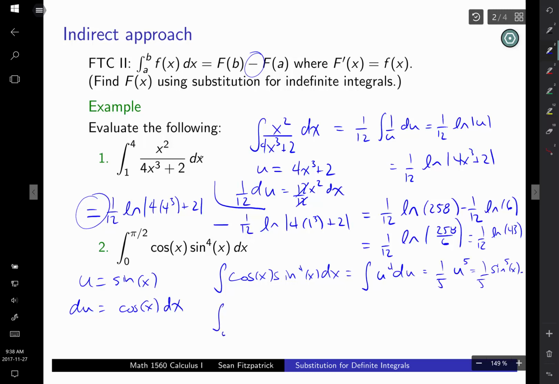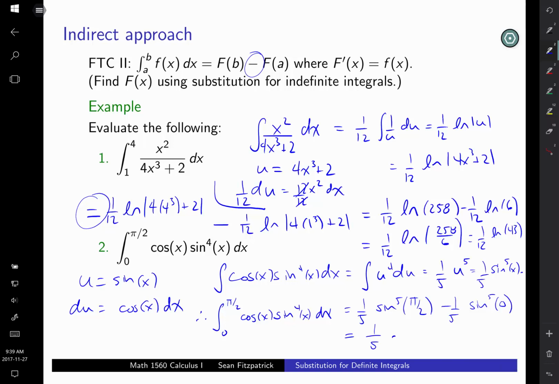And so then if we want to put our limits in, now that we have our antiderivative, we can say that's 1 over 5 times sine to the 5th of pi over 2 minus 1 over 5 sine to the 5th of 0. And again, if you want to simplify, sine of 0 is 0, sine of pi over 2 is 1, and 1 to the 5th is still 1, 0 to the 5th is still 0. So we get 1 over 5 for that integral.